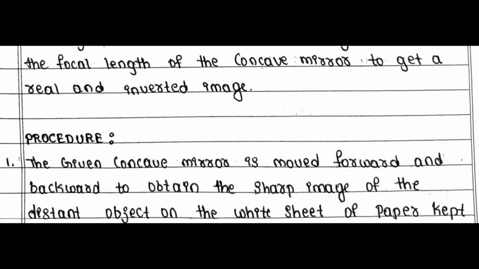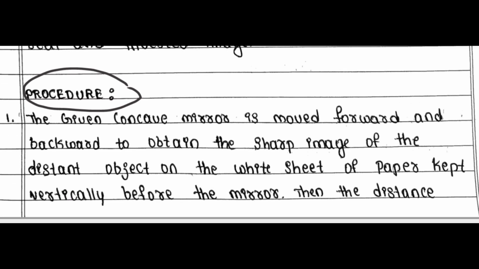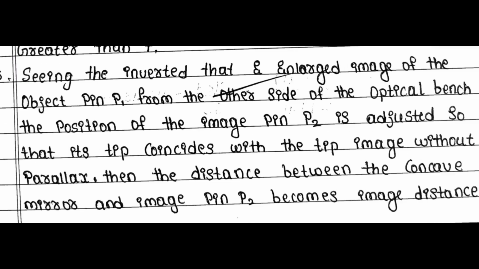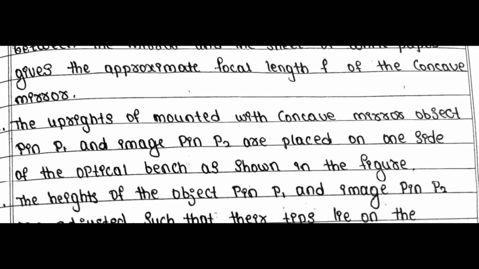And this is the procedure of the experiment, how we can take the readings in the optical bench by varying the object as well as the image distance. These are the steps of the procedure.